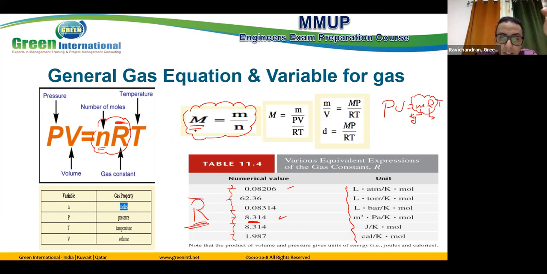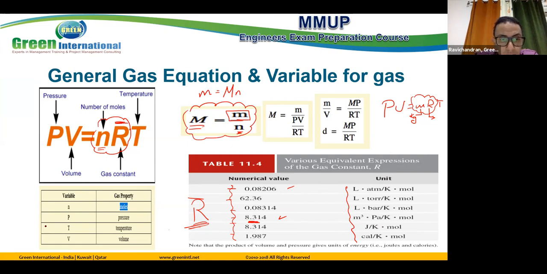Each gas has a different value for M. Knowing the molar mass and the number of moles, we can calculate mass. So changing from PV = nRT to PV = mRT, the mass m is equal to capital M multiplied by n.